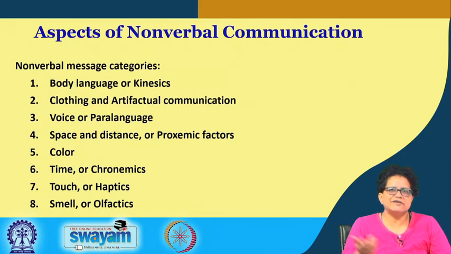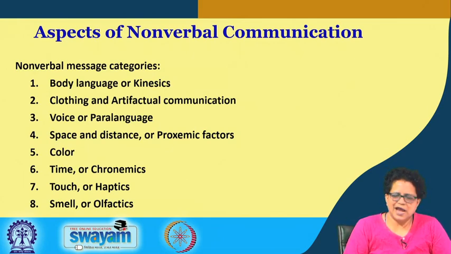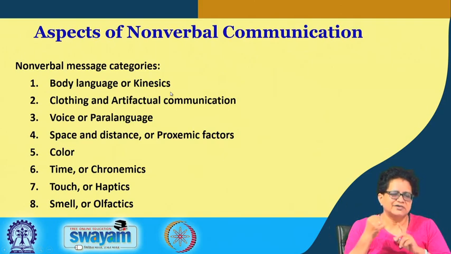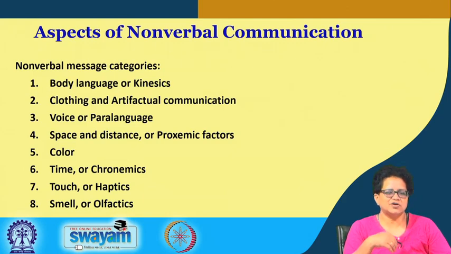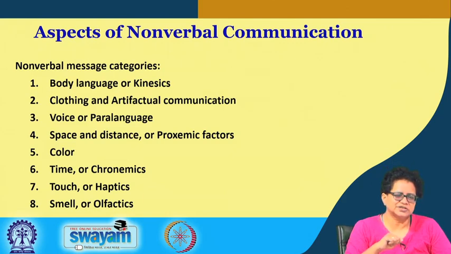So, let us see where we are to begin today. We have already covered body language or kinesics. Kinesics, that is face, in which gaze and smile is important, and therefore, facial expressions, posture and gesture. We have already covered clothing and artifactual communication. We have covered voice.